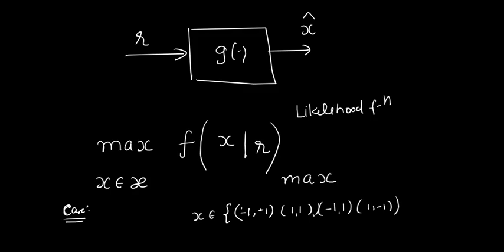So you have to optimize or evaluate this likelihood function for whatever R you have received, then you have to see for which X this gives the maximum value. Now this feels a little tricky, right? Yes or no? How to do it? Is it simple? Okay.